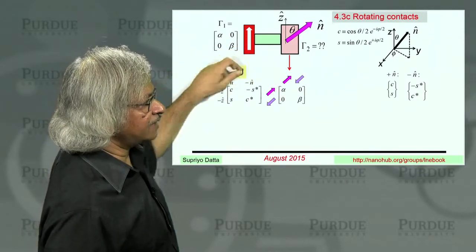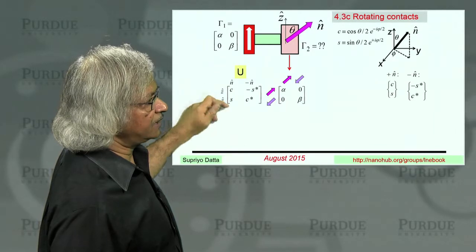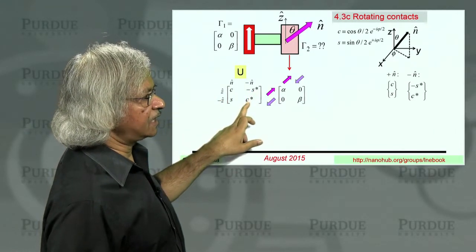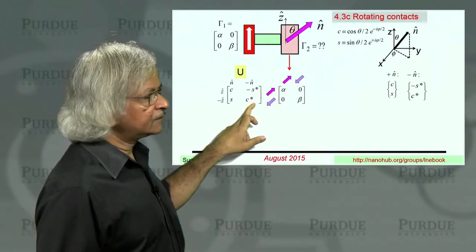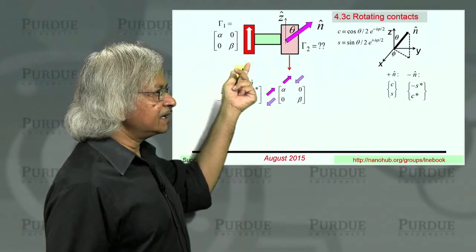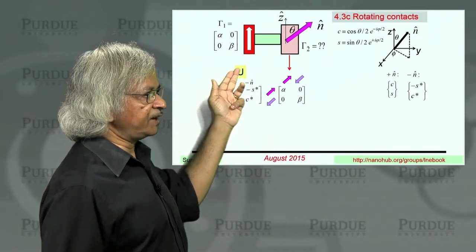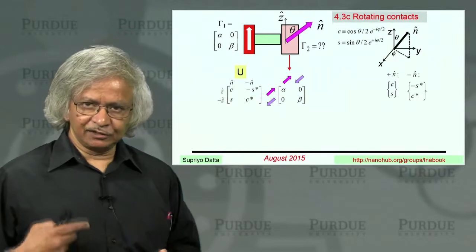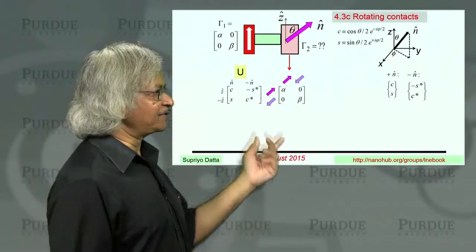Similarly, you take minus n and express it in terms of plus z and minus z, that's this minus s star and c star. So this is the basis transformation matrix.